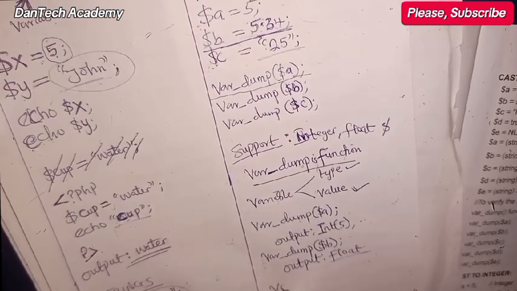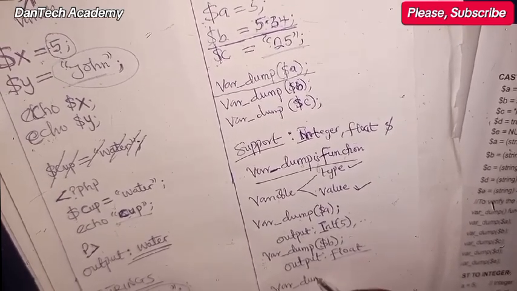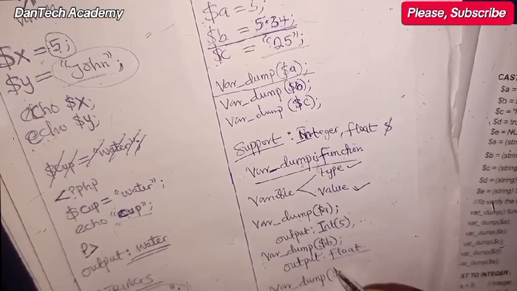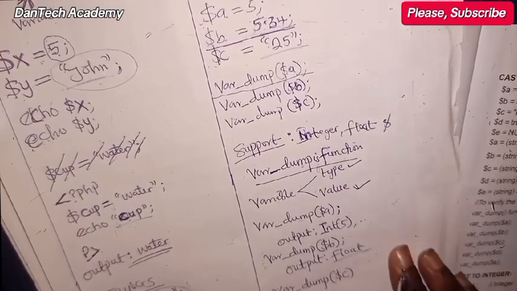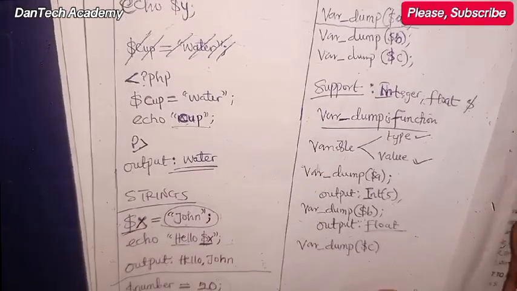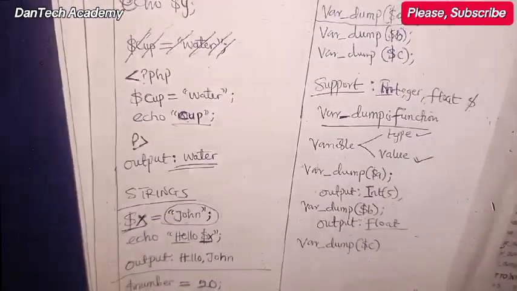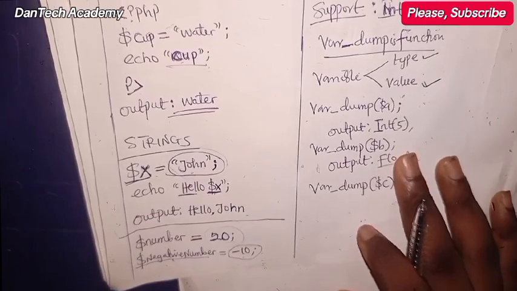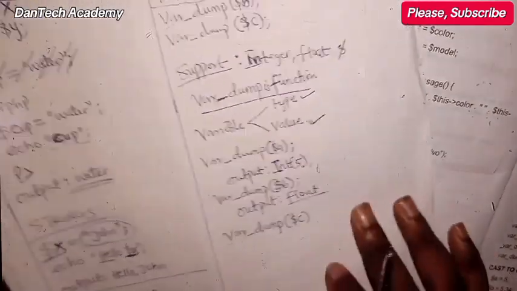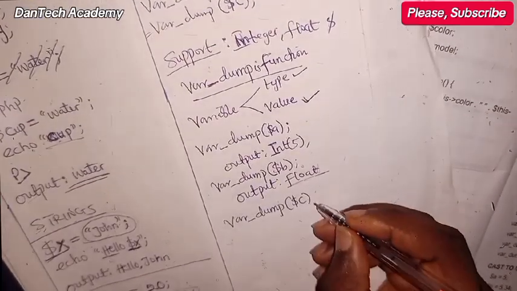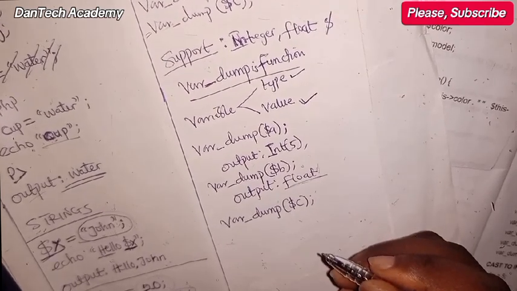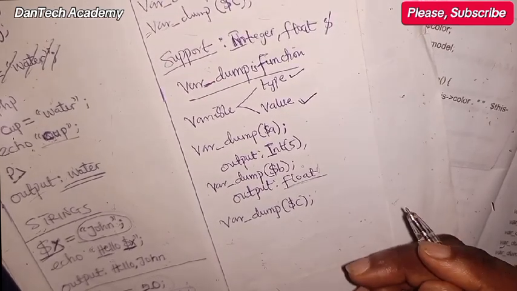Now the last one, var_dump here with $c. Hope it's clear. Okay, let's continue. When you do this, what do you have next?